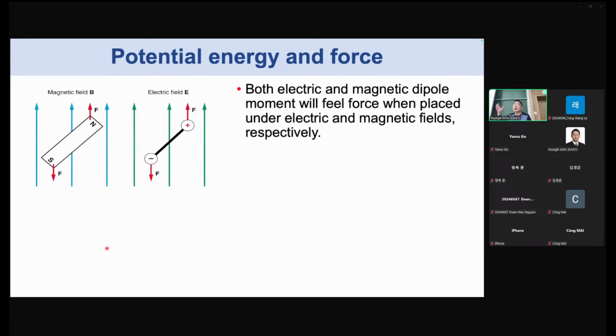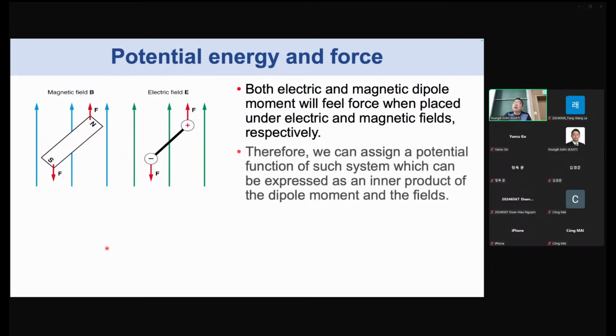The magnetic dipole moment, the current loop, you can put inside the magnetic field. I'm trying to explain how the Stern-Gerlach experiment worked, because you are throwing the magnet into the magnetic field, and then it'll feel the force, right? So basically we're throwing in the current loop, which is a magnetic dipole moment, into the magnetic field, and it's going to feel the force.